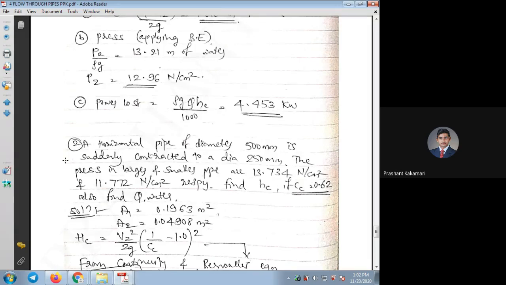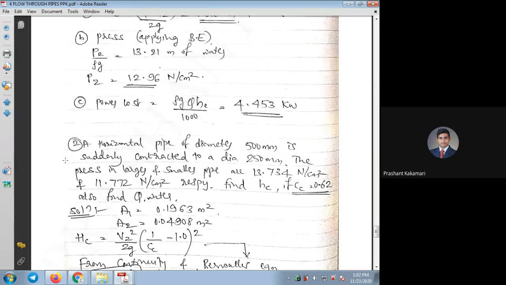Here it is a sudden contraction, means the initial pipe is the larger pipe of 500 mm. So that pressure I'll consider P1 as 13.734, and after sudden contraction the smaller pipe is having the pressure P2 11.772 Newton per centimeter square respectively.